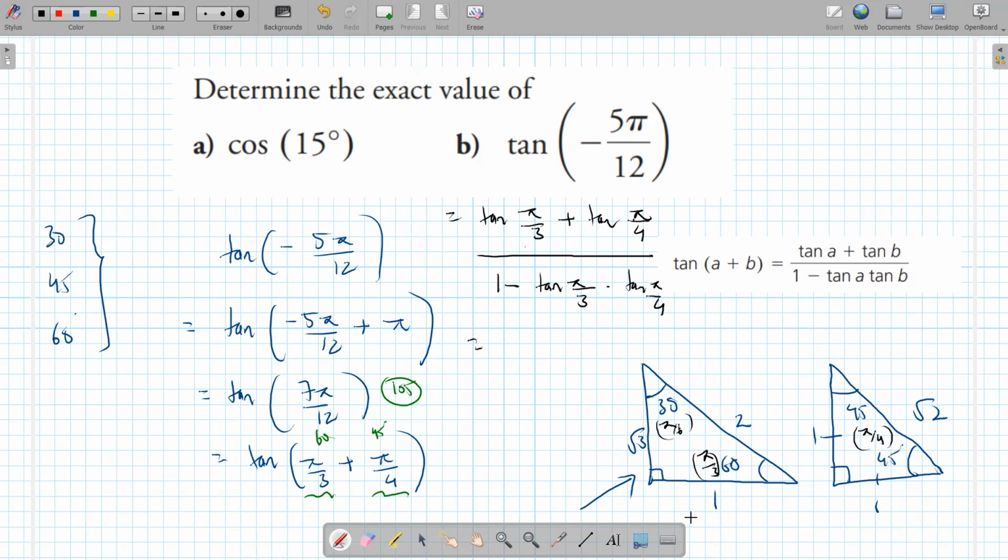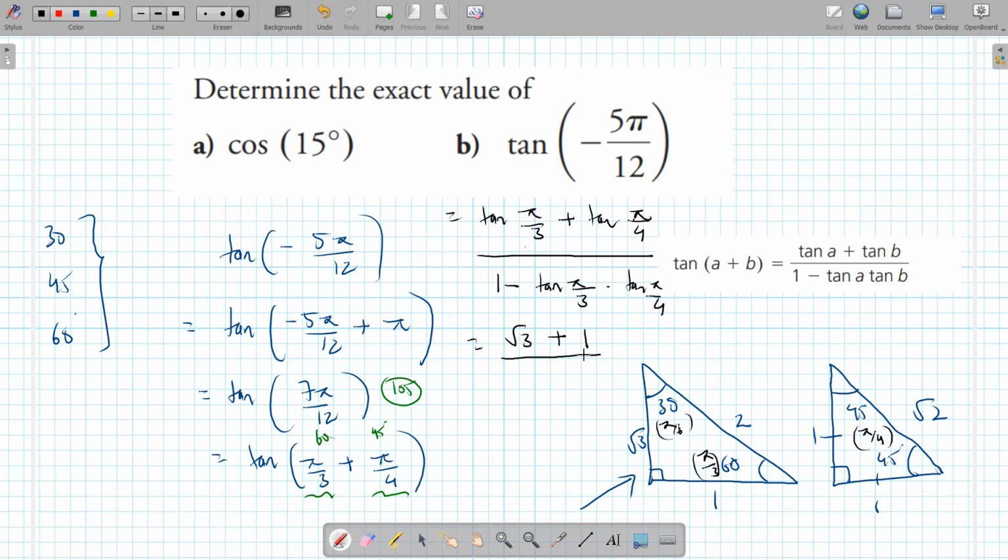Look at these two triangles. What's the value of tan pi over 3? Root 3 over 1. Right, so it's going to be root 3. What's the value of tan pi over 4? It's 1, yeah.